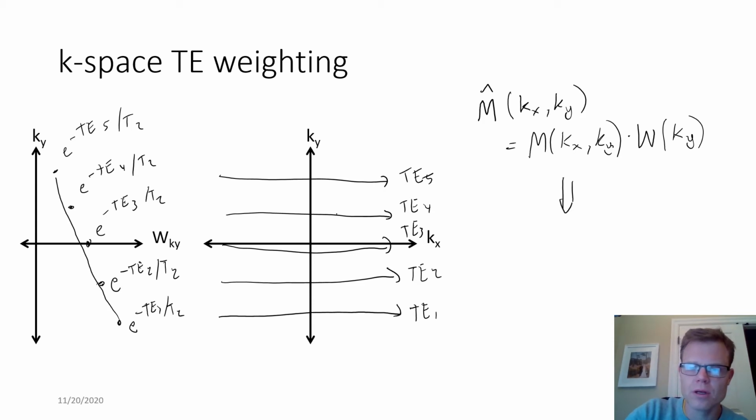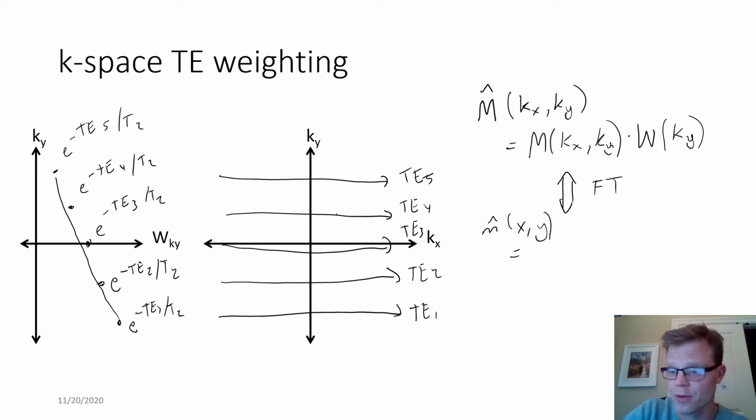So now say we wanted to look at what the effect of this was on the image, we would use our Fourier analysis. Say, okay, what's our image, lowercase m hat? We're just going to get a little bit further here, and then I'm going to give you an intuition, but it's going to be the multiplication.